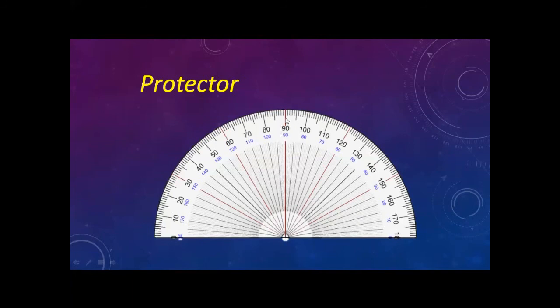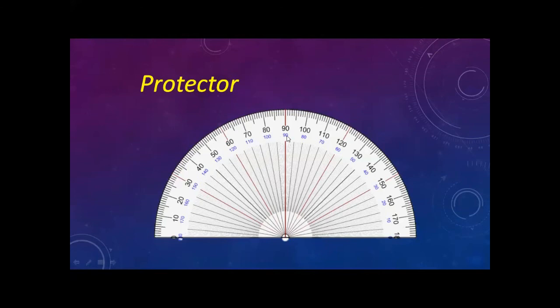The exact 90 degree is known as right angle, and the left side is starting from 90 till 180, and the angles between 90 and 180 are known as obtuse angles, like 100, 110, 120, 130, 140, and so on. The angles between 90 and 180 are obtuse angles.